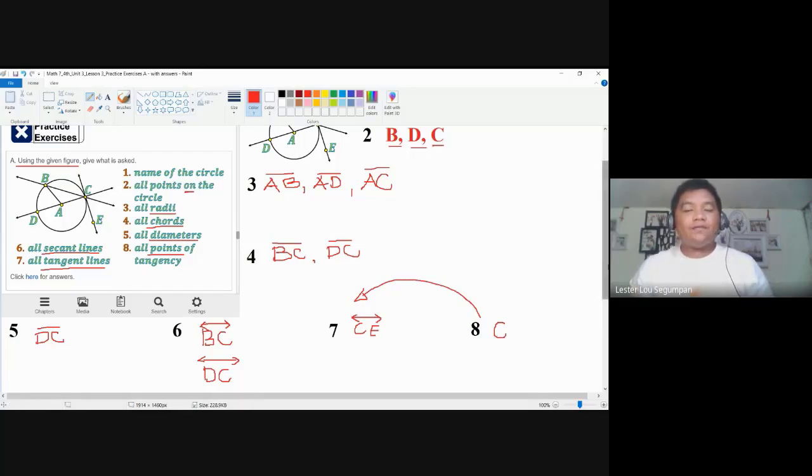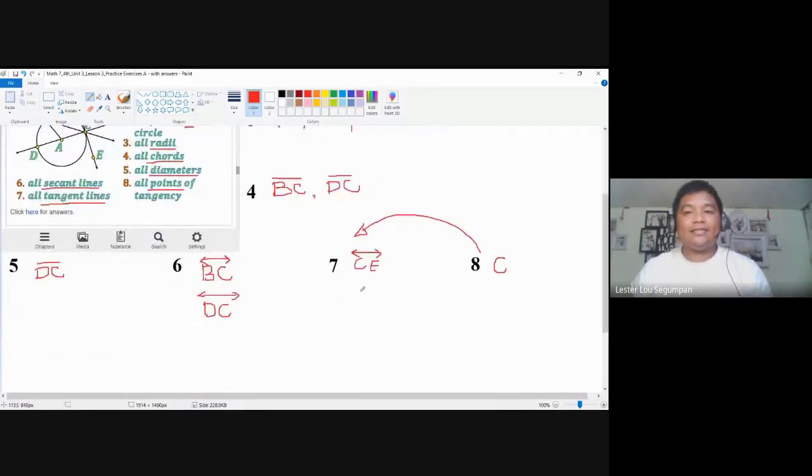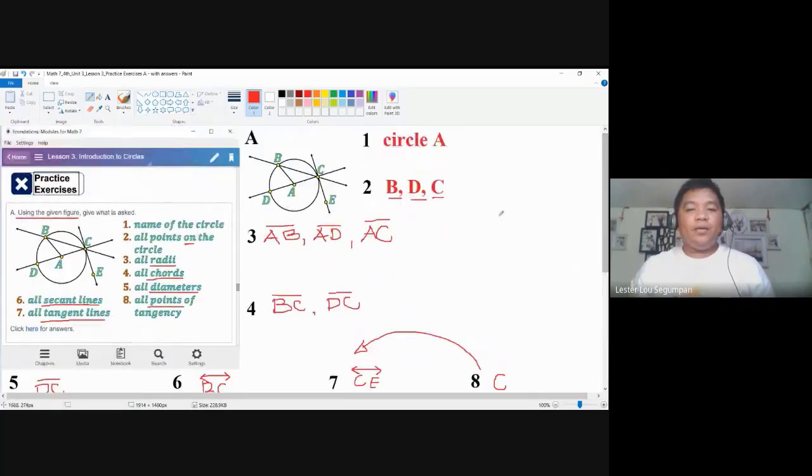So these are the first terms associated with a circle. We do have here the groups of points, and we have the line segments and lines. The points could be used as naming the center or the circle itself. And we have three groups of points: points in, points on, and points outside.